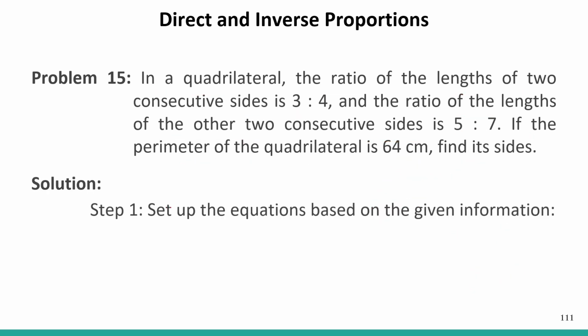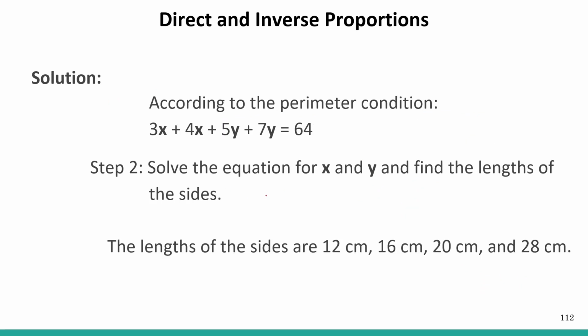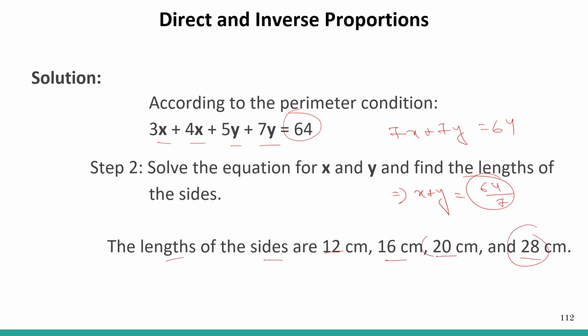Setting up the equation based on the given information: 3x plus 4x plus 5y plus 7y is equal to 64. So we can say that 7x plus 7y is equal to 64. Right. So this implies that x plus y is equal to 64/7. Right.